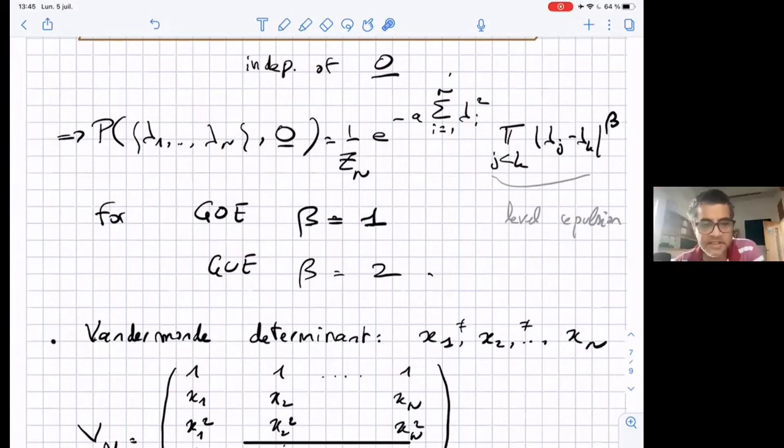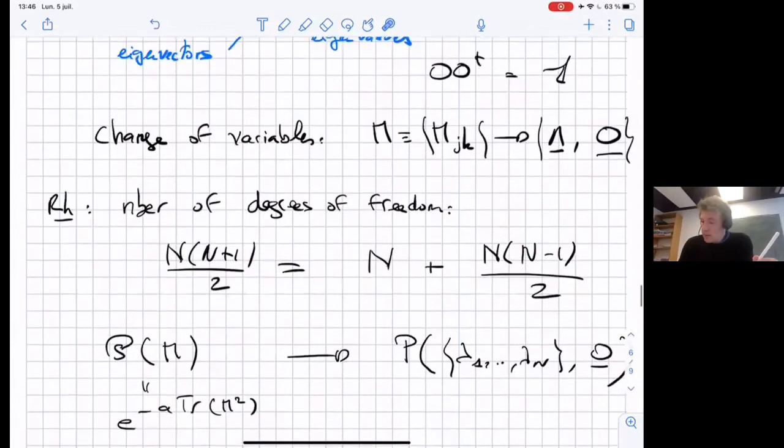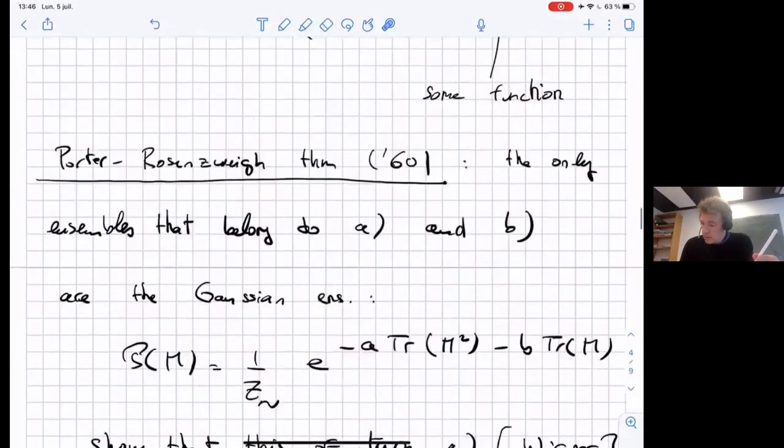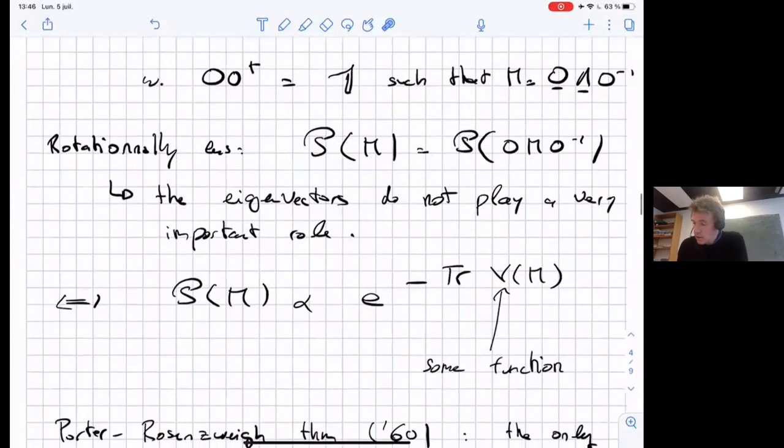Okay, so this is not obvious. Is there some simple way to understand this, or does it just happen? It is done somehow by construction. It's hidden more or less there.